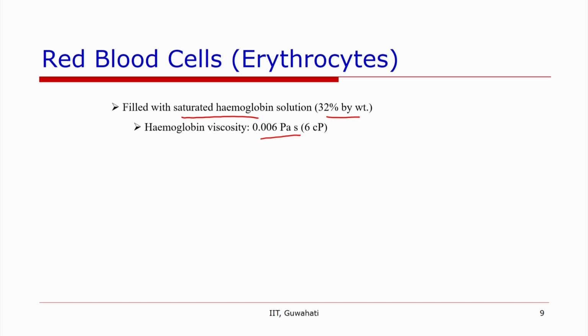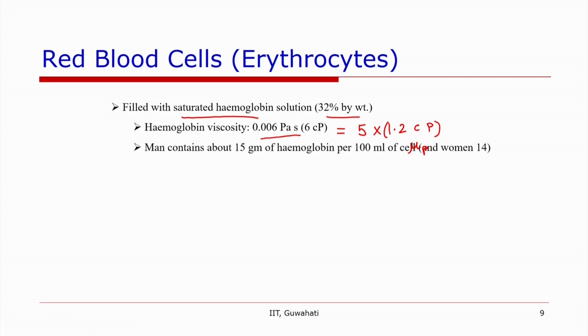If you compare this with the plasma viscosity, this is about 5 times the viscosity of the plasma. The quantity of hemoglobin in man is about 15 gram per 100 ml of cell, and in woman is on average about 14 gram of hemoglobin.